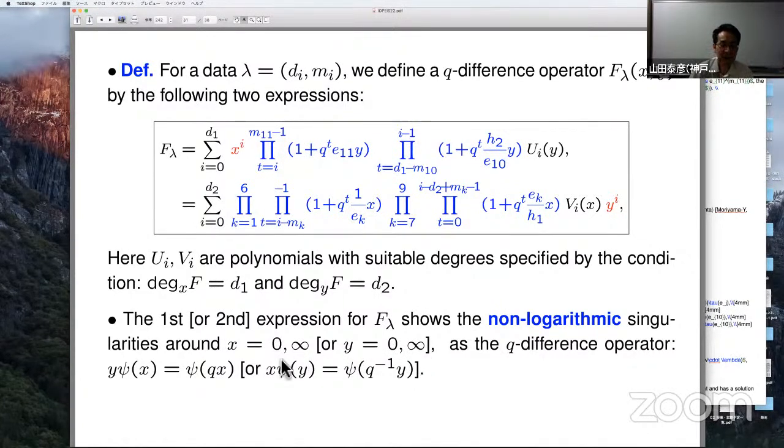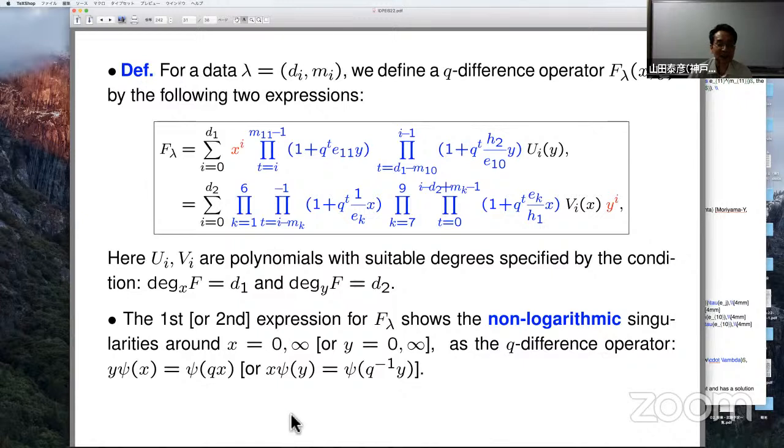And here, in this picture, we are considering the F polynomial as a difference operator with respect to variable x, or the difference operator with respect to the variable y. In the first case, we consider the y variable as the shift operator on x.